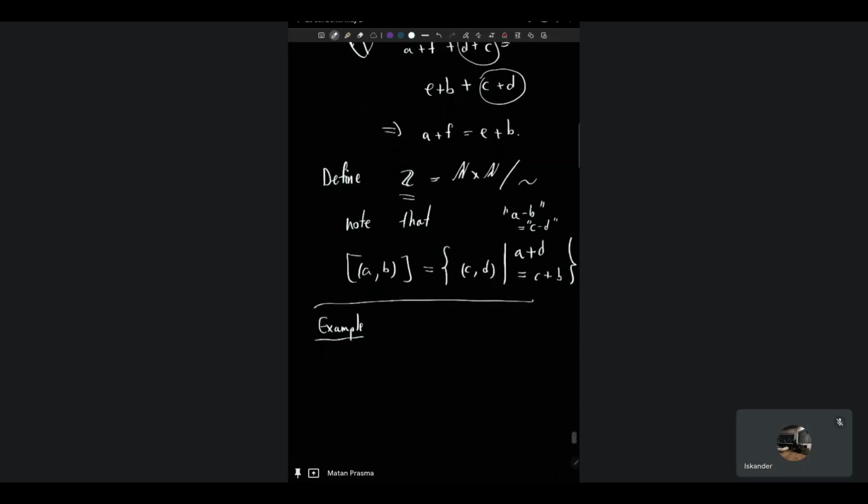Okay, so let X be the set of integers Cartesian product with the set of non-zero integers. So I write it like this: integers minus the set with the single element 0.